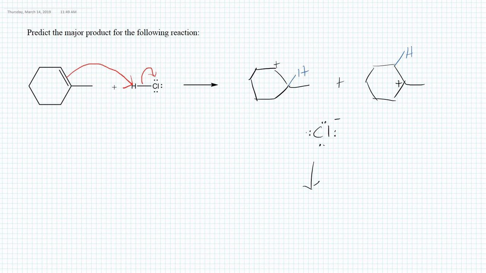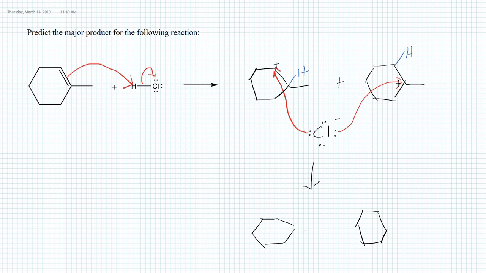So let's say that this is going to attack here. There is going to be a bond formation between this carbon and this chlorine, or we might have this reaction, the bond formation between this carbon and the chloride anion. Then let's write the possible products. We will have here either this product, let's draw two of them.